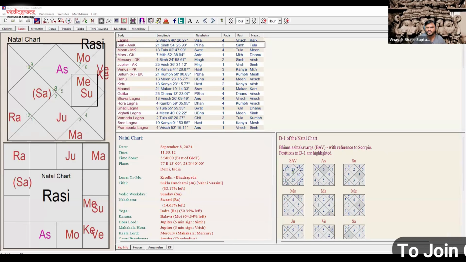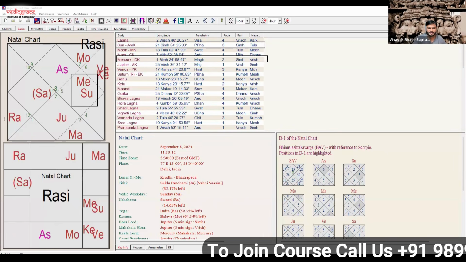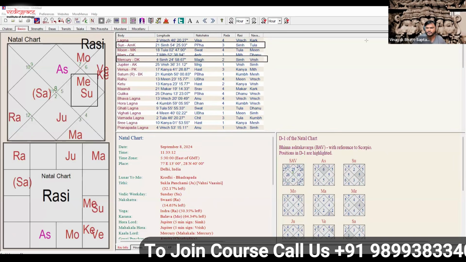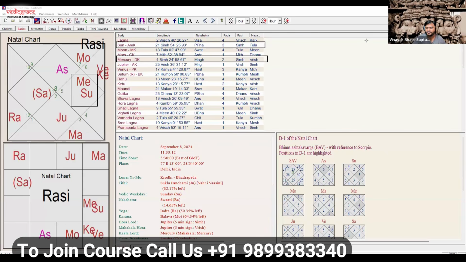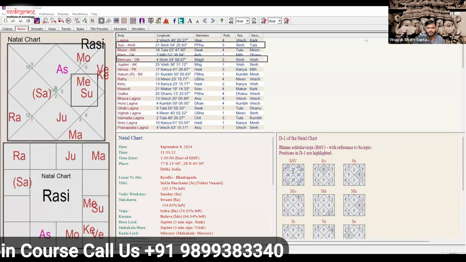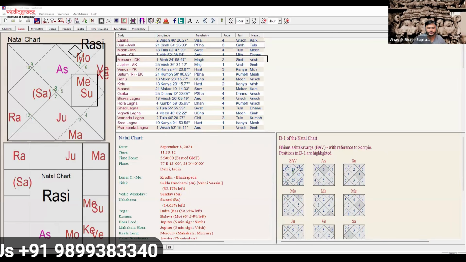And see the Mercury. Mercury is in Vrishabh Rashi, Taurus sign. So let me mark it. This is the Navamsha position. Let me mark it in triangle. Where is Libra? Libra is here. And Mercury is located in this.